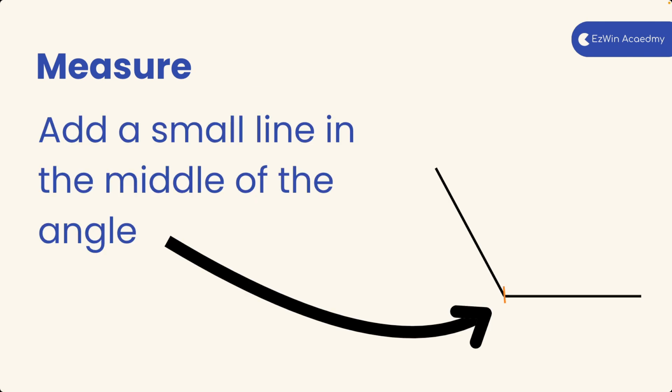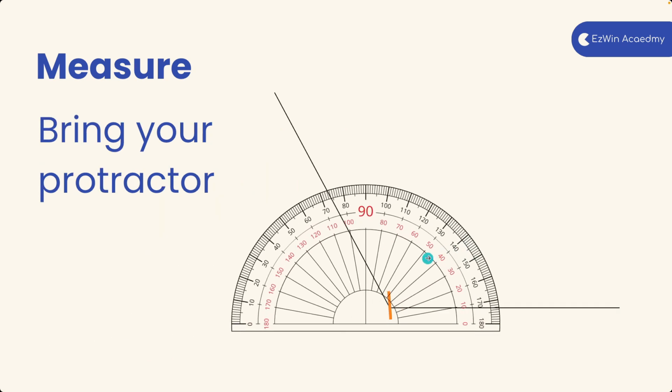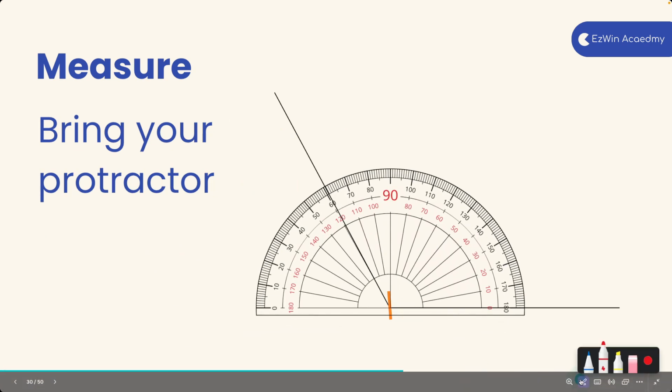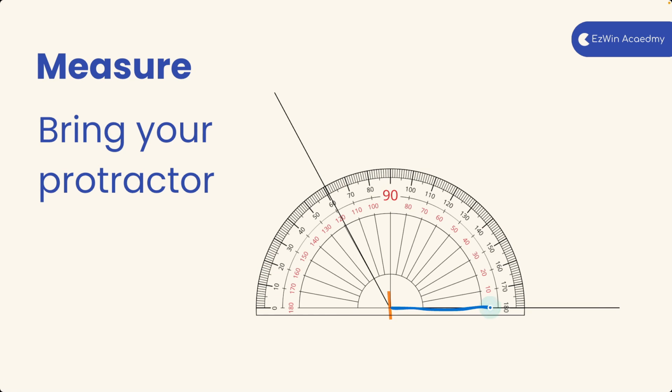First thing first is to add a small line in the middle of the angle, as what you see over here. Remember, make sure it's perpendicular, where this is 90 degrees. Then after that, bring your protractor over here. You need to align the line from the angle to the line of the protractor, as what you see over here.